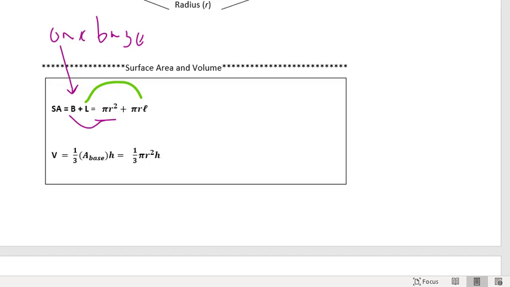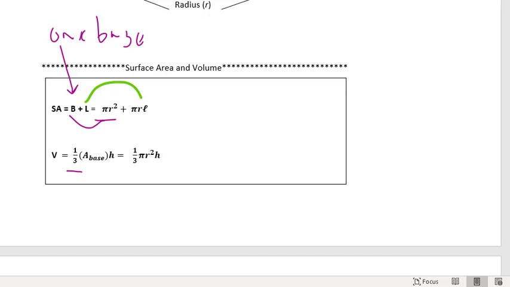The volume formula is 1/3 the area of the base times the height. Notice that the formula for a cylinder for volume is pi r squared h. A cone actually has 1/3 the volume of a full cylinder.